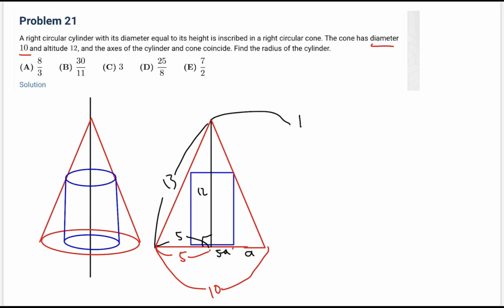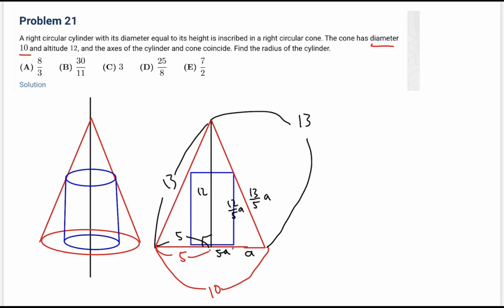The slant height is 13 here too, and since this triangle is similar to this triangle, the ratios are the same. So this length would be 13 over 5 times A, and this would be 12 over 5 times A.